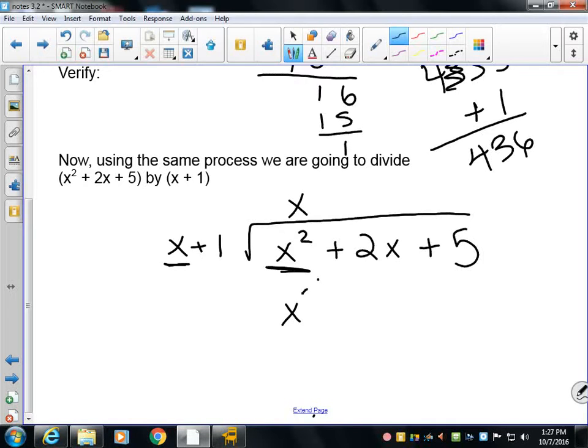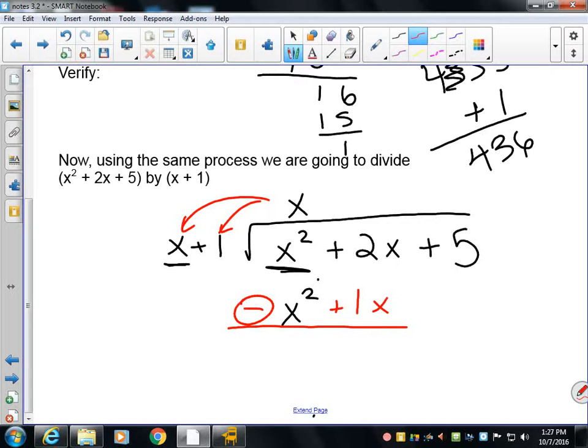But we've got to remember that we had that plus 1. So you kind of have to distribute, right? You've got to remember that it's this times this and this times that. Okay? So x times x is x squared, and then x times 1 is plus 1x. Then we subtract.